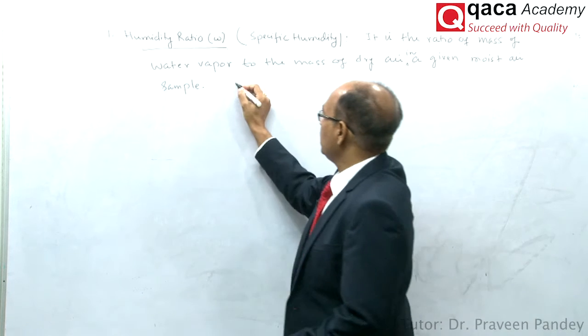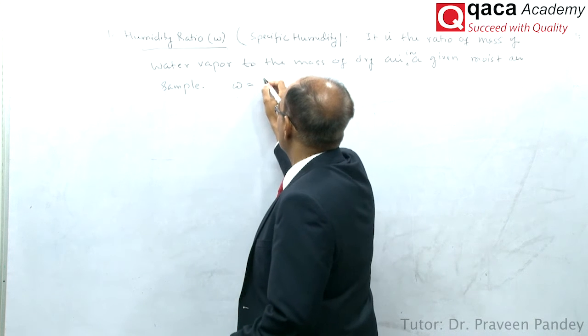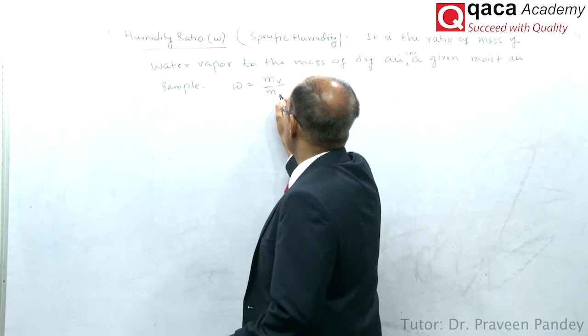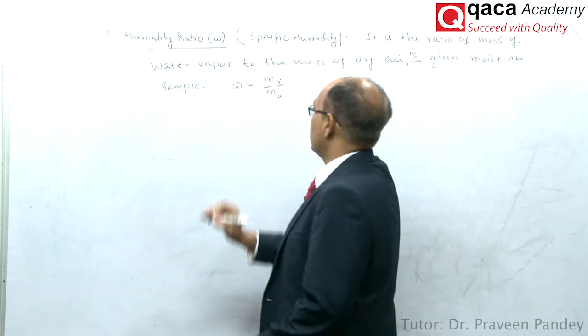So, specific humidity is the mass of water vapor to the mass of dry air.